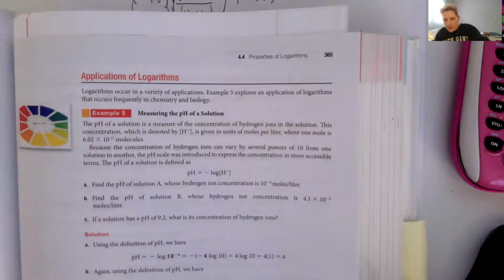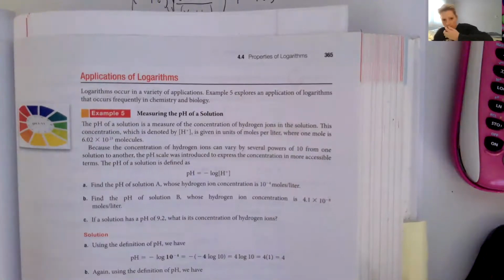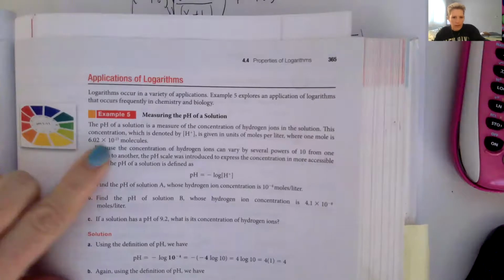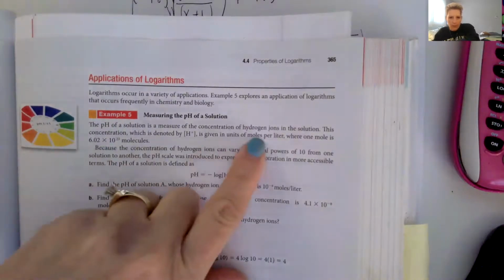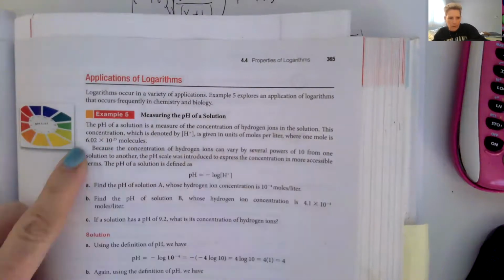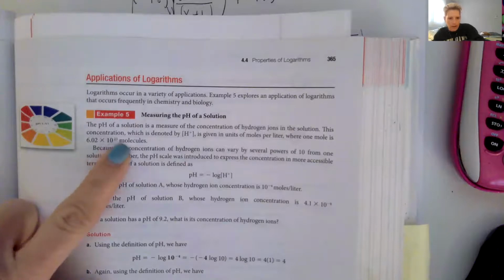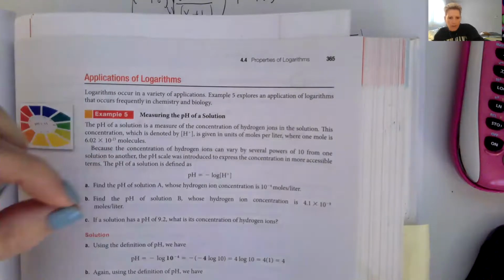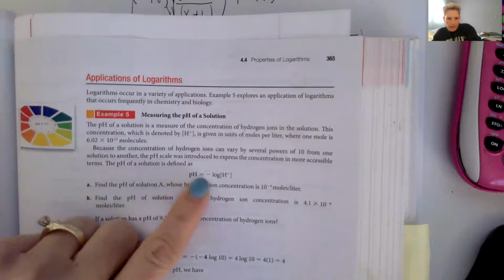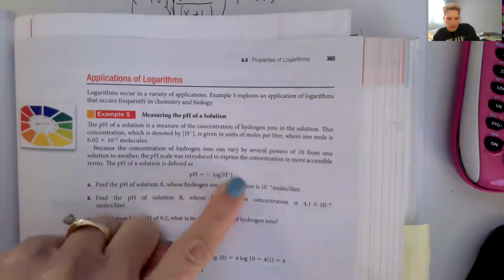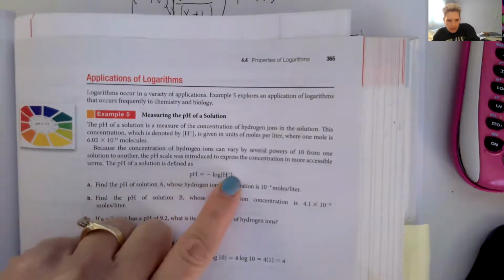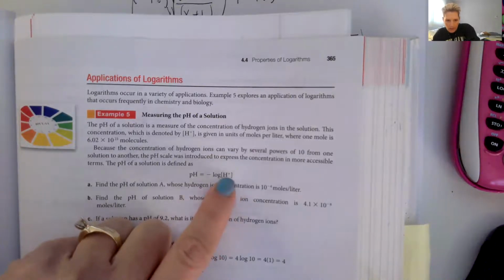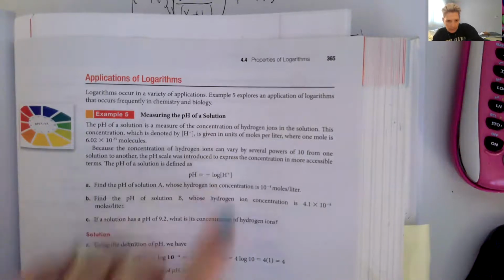So we talk about the pH of milk or the pH of orange juice. And it's given in units of moles per liter, where 1 mole is 6.02 times 10 to the 23 molecules. But we're going to find this pH by taking the negative of the log of the amount of the molecules that you have, the moles per liter of whatever your hydrogen concentration is.